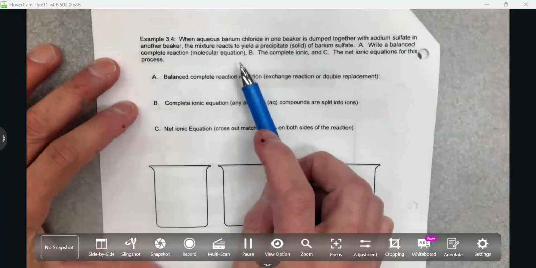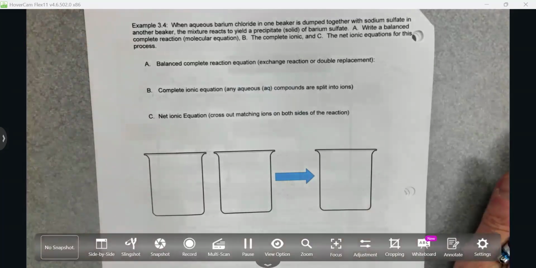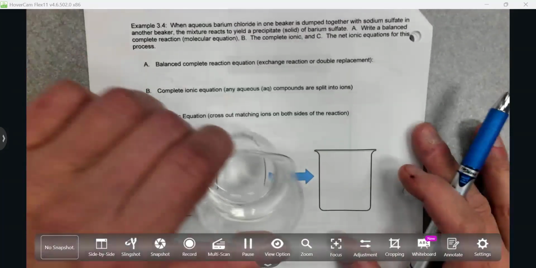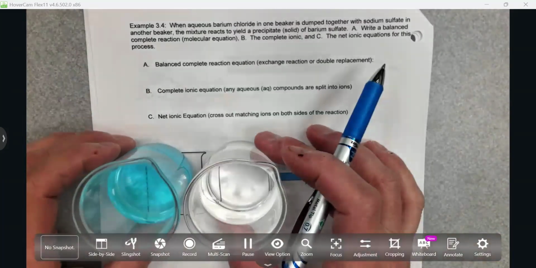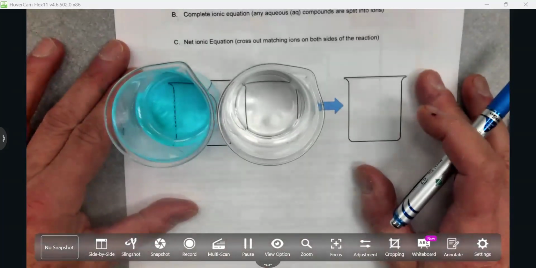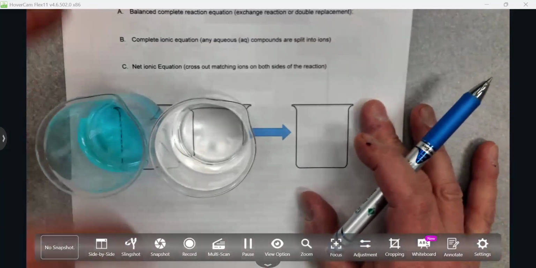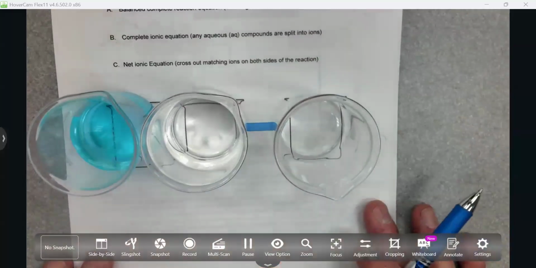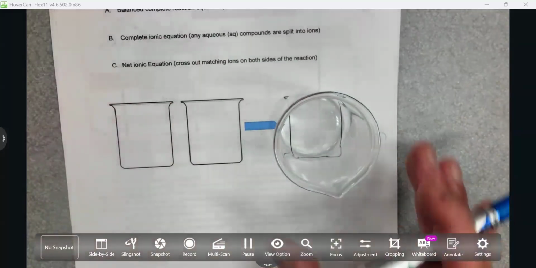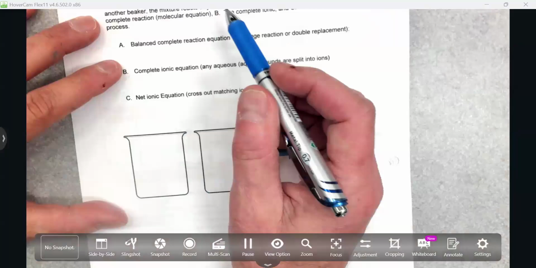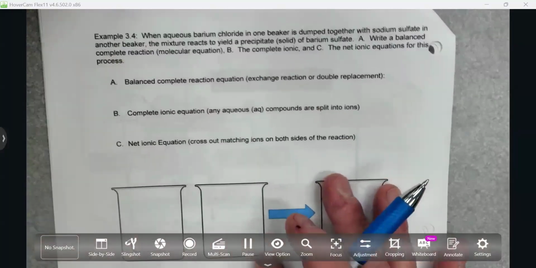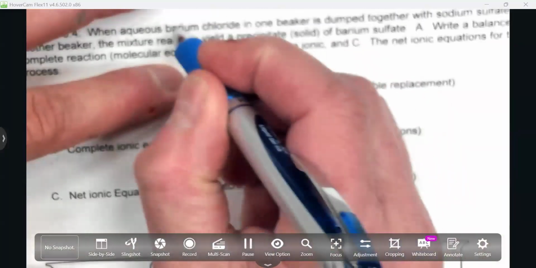Okay, I'm going to do this reaction right here. So here are my two starting beakers that I dissolved last time, and I'm going to combine them in this beaker right here. I've changed this up a little bit.